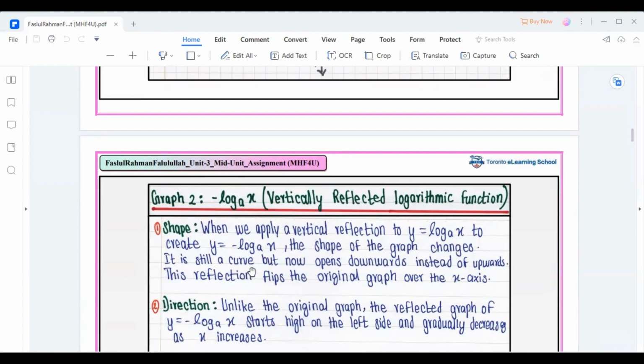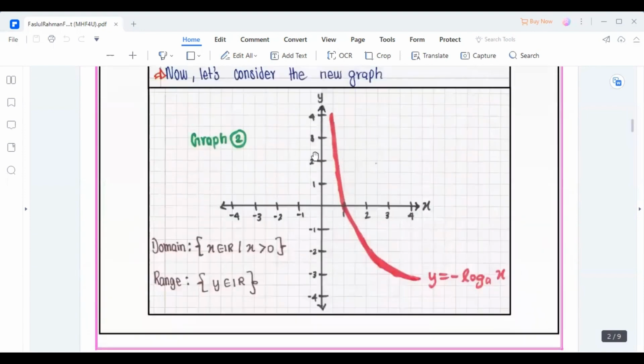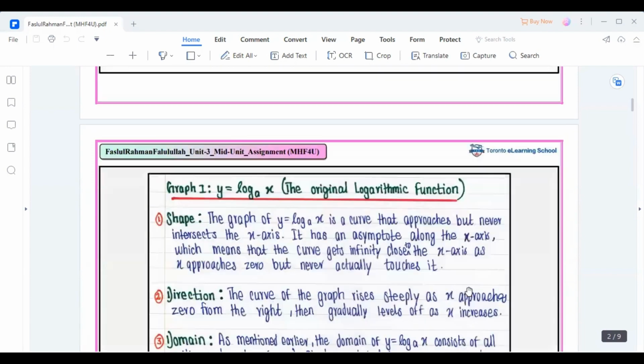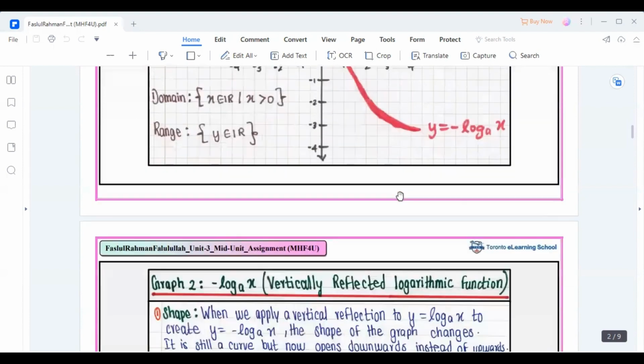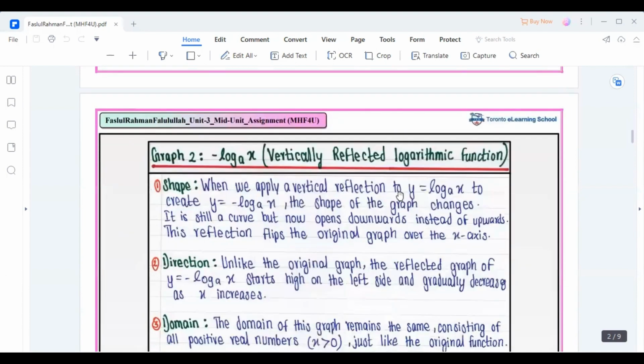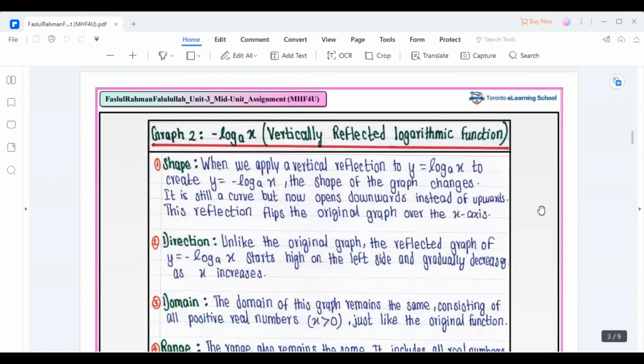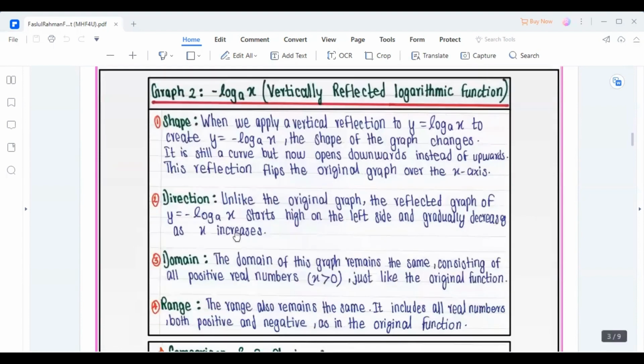It is still a curve, but now opens downwards instead of upwards. So here it's opening downwards. Above it's opening upwards. So instead of upwards, this reflection flips the original graph over the x-axis.